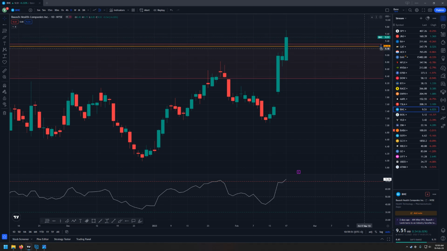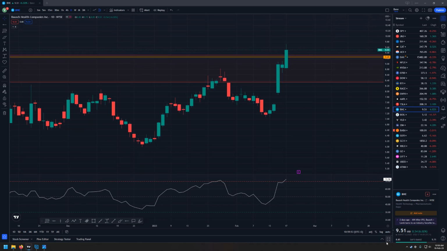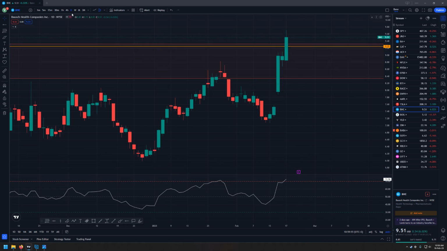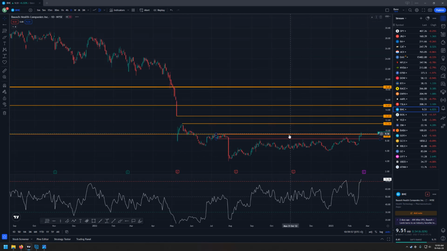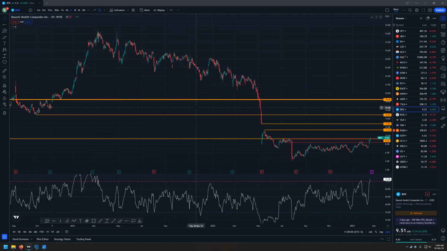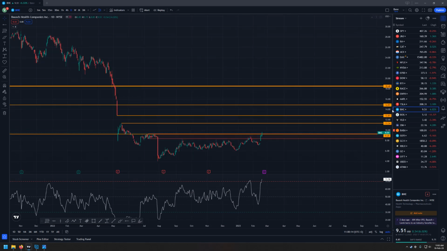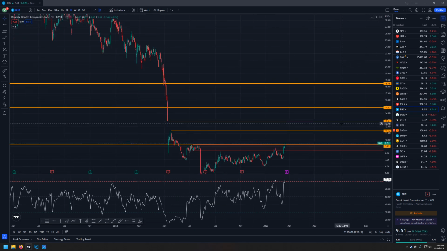If we close above it, this thing is for real, and it has a lot of room to go up. And these are the targets, like target 1, target 2, and then it gets pretty quick. Most likely this is the last big resistance, and then it just goes here. This thing could double if the breakout is real.